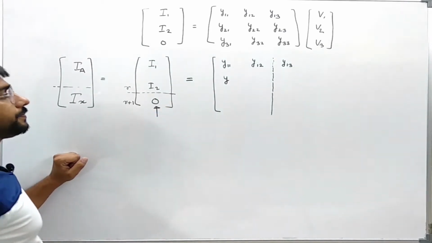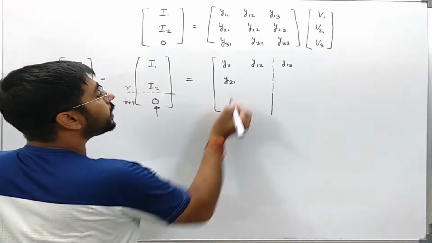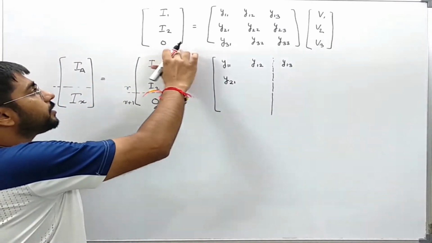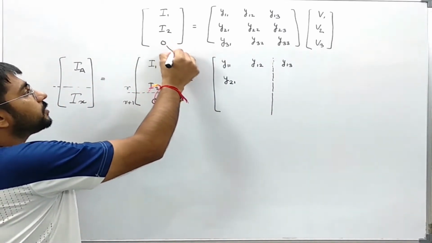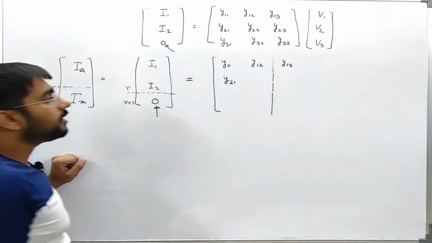Here automatically it is the 3rd row, so it is the highest order element.